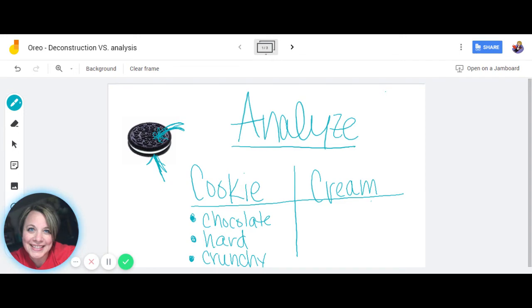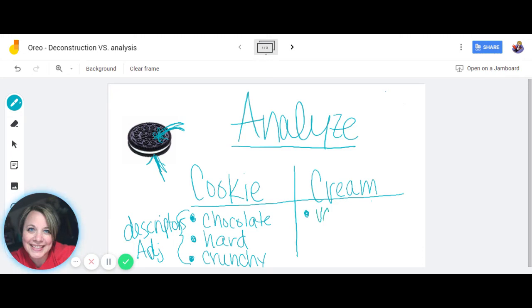But it's not to be mean, it's because you need to understand the parts of speech or how some words can function as more than one part of speech, and this is why. Okay, so these are all descriptors. They're adjectives.